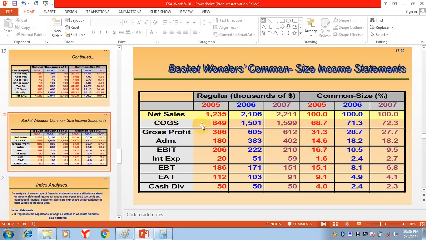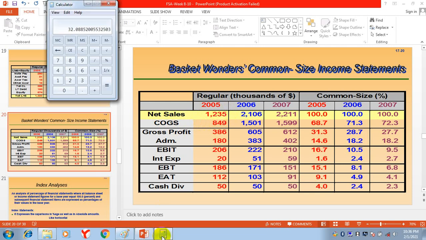Now cost of goods sold, 849 divided by 1235. The total figure, I told you, will be sales. 1235 multiplied by 100. So we will get 68.7.